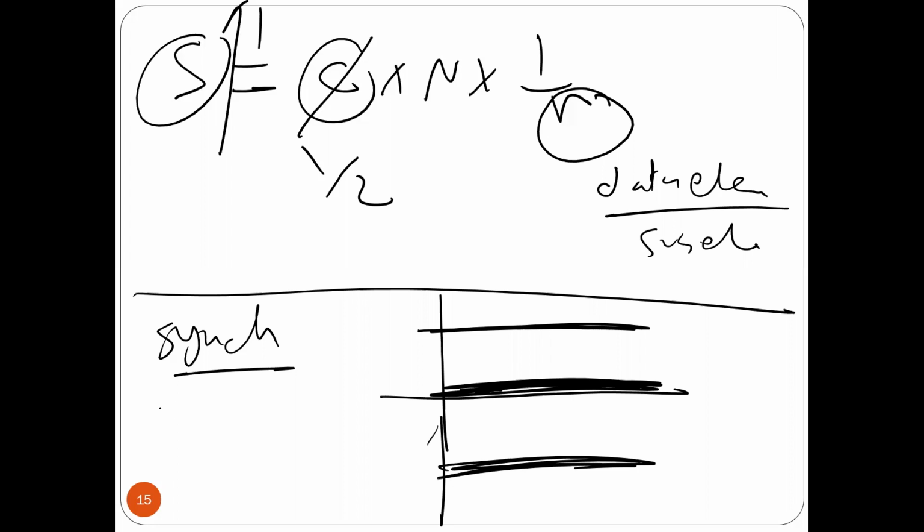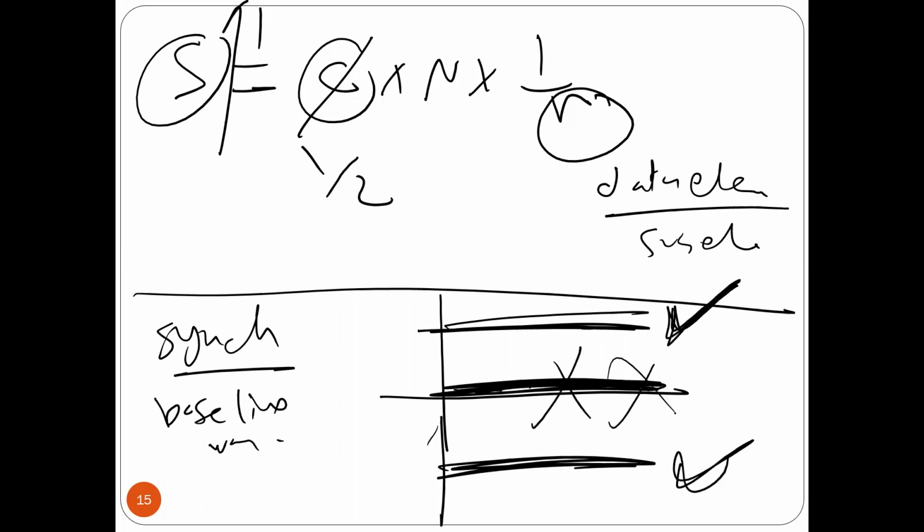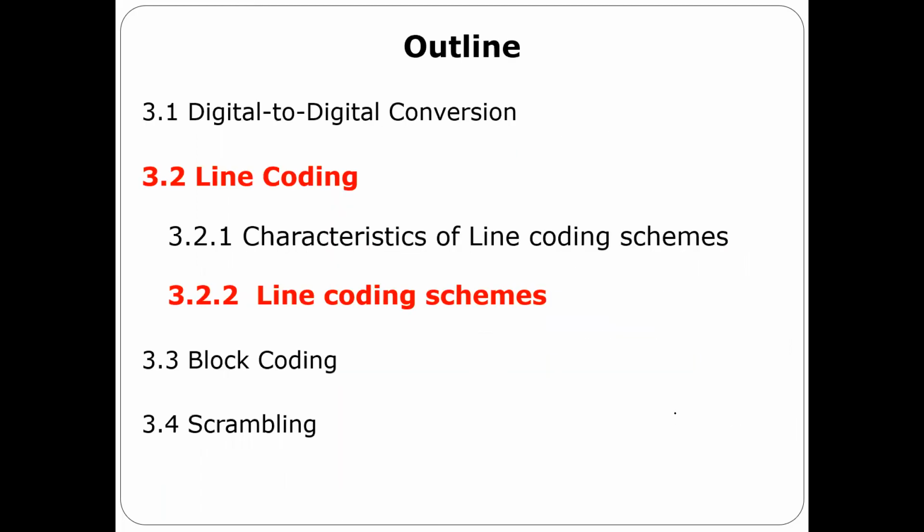Same thing for baseline wandering. If it has a zero or negative or positive fixed for some time, it is the same thing. But for DC component, the only problem happens when you have positive or negative. We don't have a problem with zero. You get what I'm saying? So that's what you will see right now. Let's start one by one.